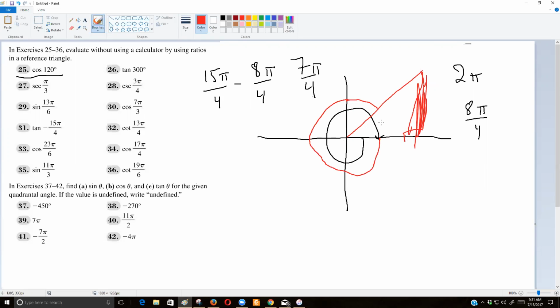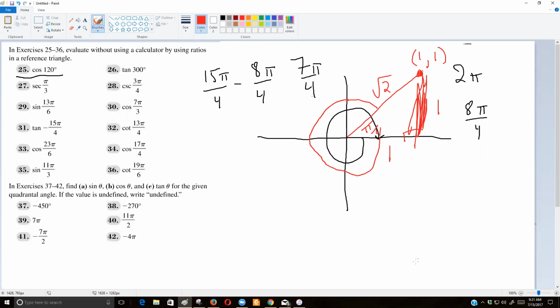And that would leave me a reference angle of pi over 4, which is the same as 45 degrees, isosceles triangle. So if this is 1, this would have to be 1, and this would have to be the square root of 2. So that tells me that this x and y coordinate are 1 and 1 respectively.